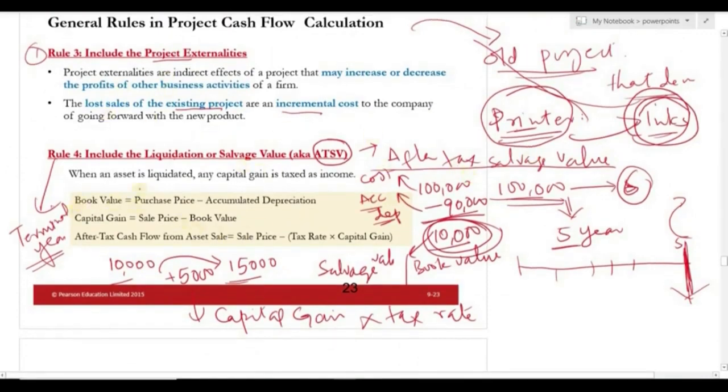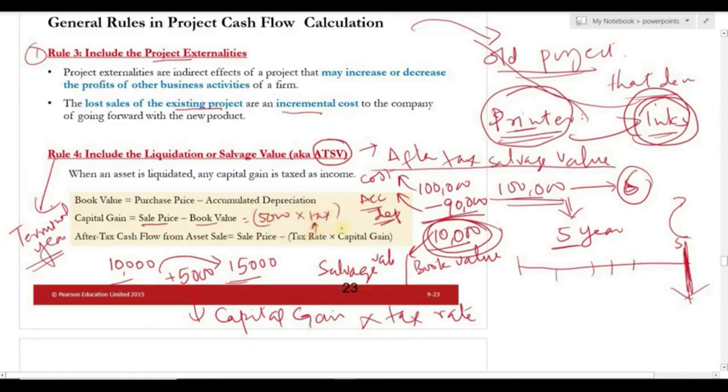Okay, so it means now we can sell our car for 5,000 extra. So sale price is 15,000, book value is 10,000, the answer is 5,000, right? So on 5,000 we are going to pay, this is called the capital gain, and we are going to pay the tax rate.